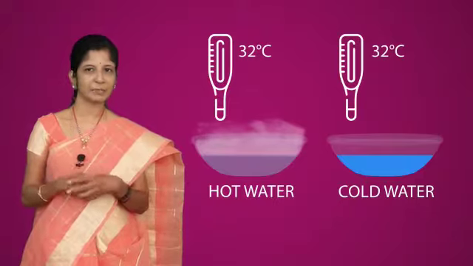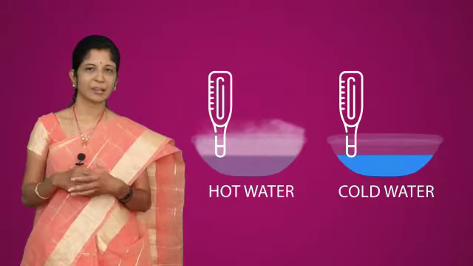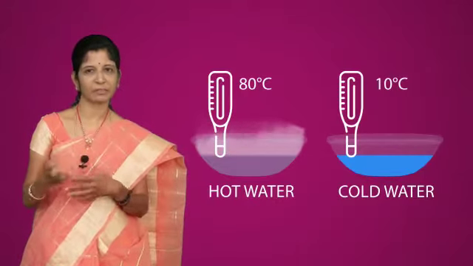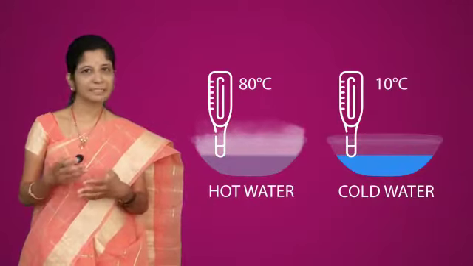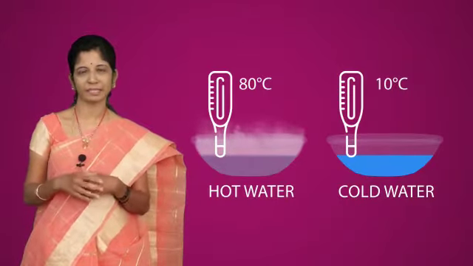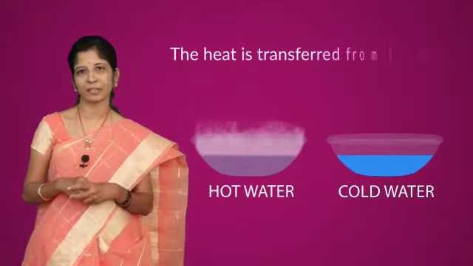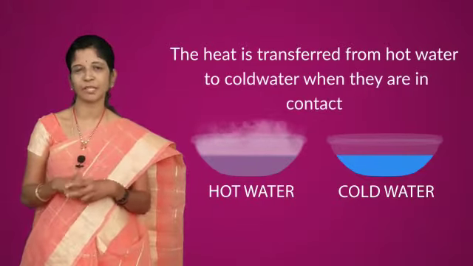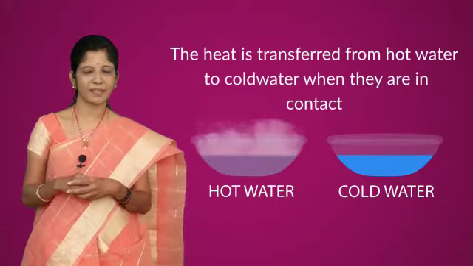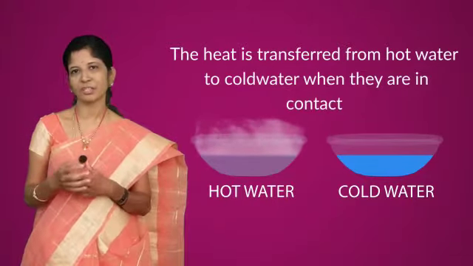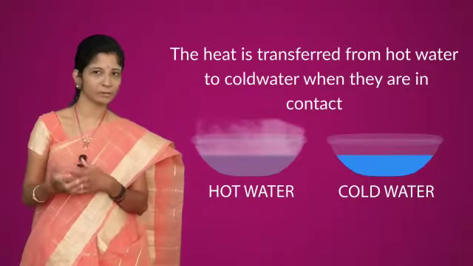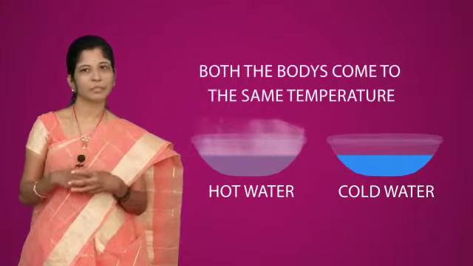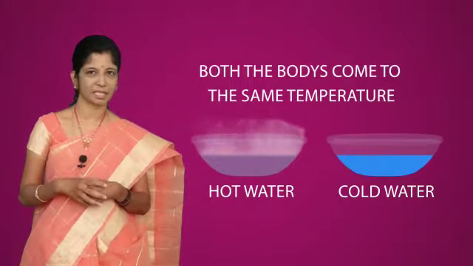Later, after some time, we will observe the difference in the level of the mercury in the thermometers. This shows that after some time, the heat is transferred from hot water to cold water when they are in contact. So after some time, when we measure and note down the temperature readings, we observe that both the bodies come to the same temperature.